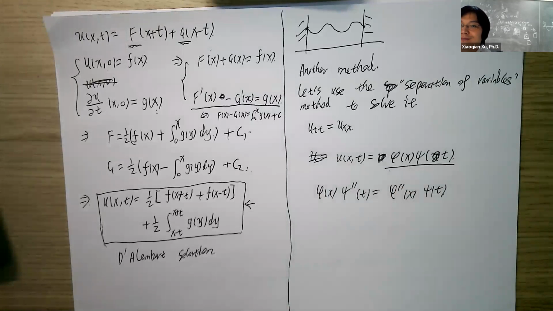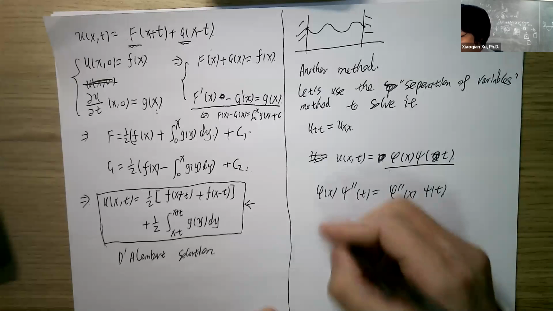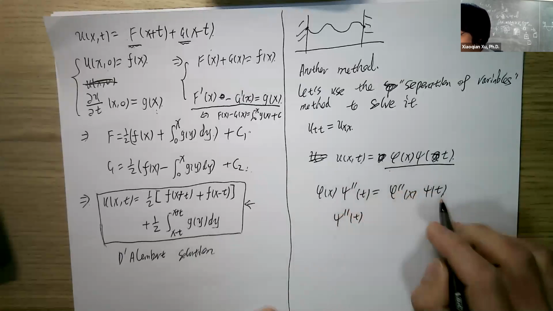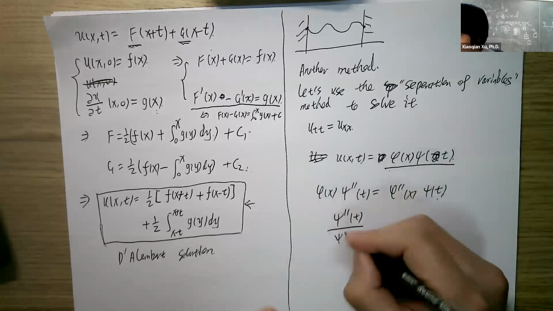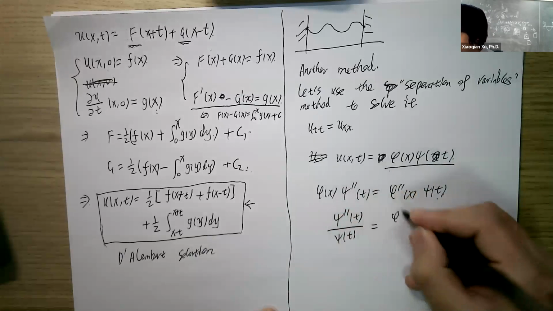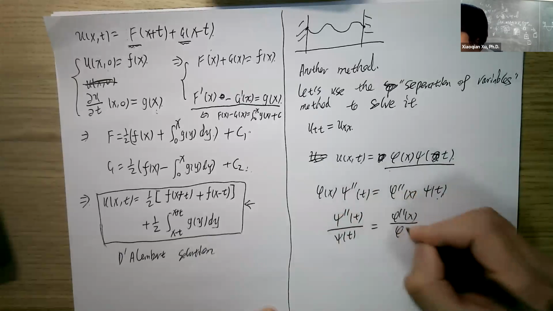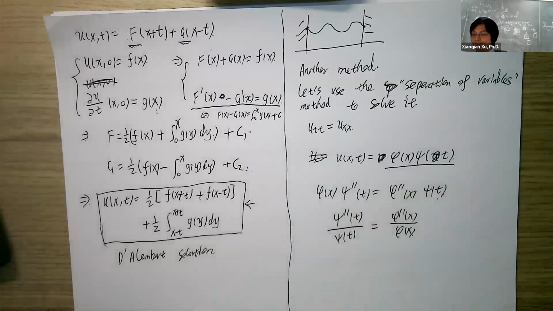It seems still not very easy, but what if we put everything that depends on t to the right-hand side, and everything that depends on x to the left-hand side? Let's assume both are not identically equal to 0, otherwise u equals 0, which is not interesting.